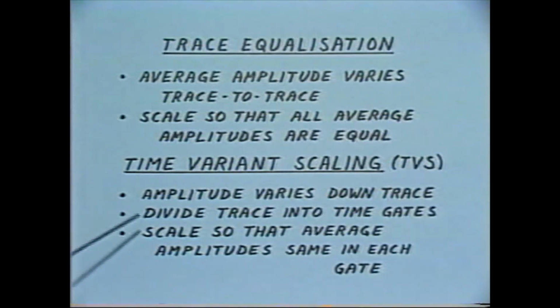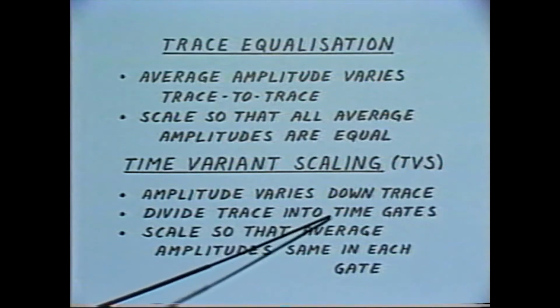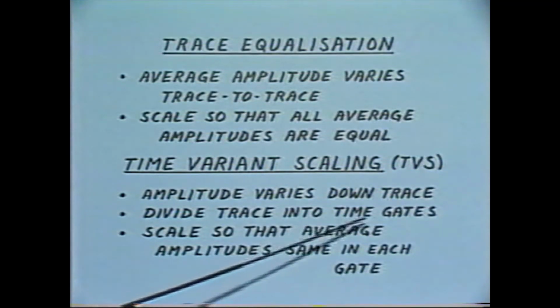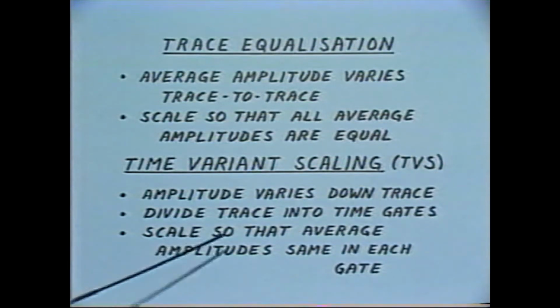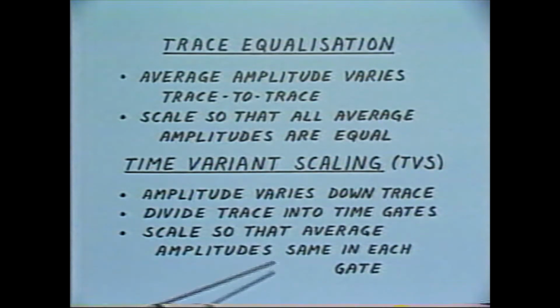In this case, we divide the trace into a series of consecutive time ranges, usually called time gates, and we measure the average amplitude in each of those time gates, and then simply apply scalars, multiplying factors, in each of those time gates to make the average amplitude in each time gate the same. These processes of trace equalization or time variant scaling can be applied at almost any point during the processing sequence where we need to make some correction to the amplitudes of the traces.